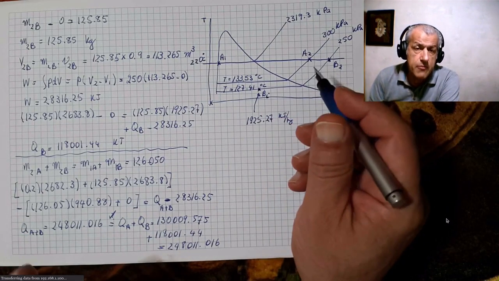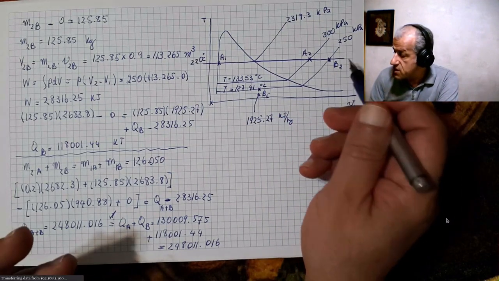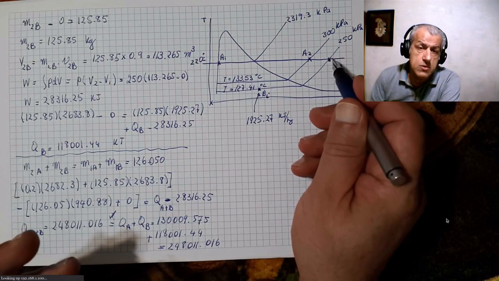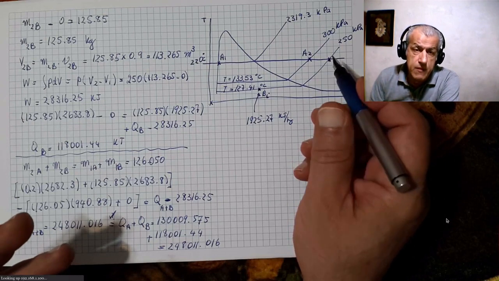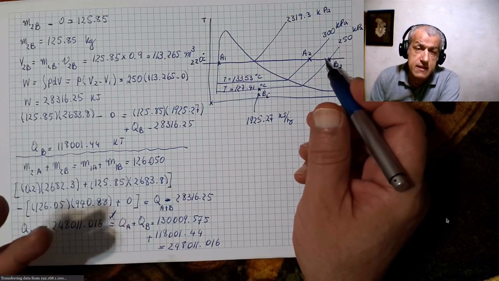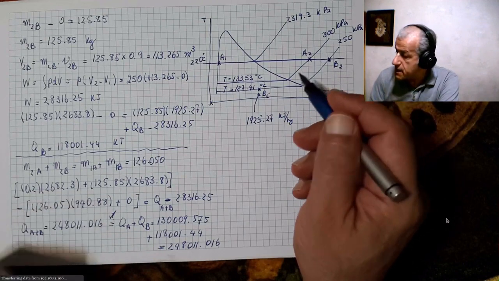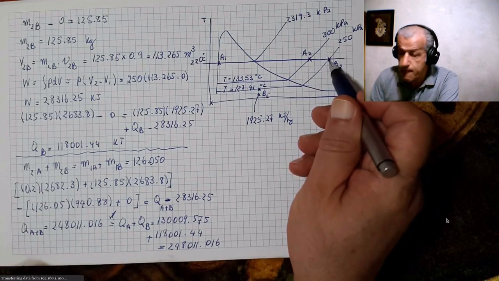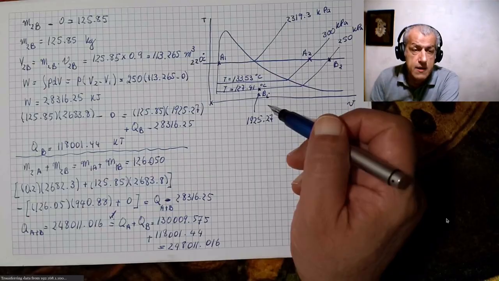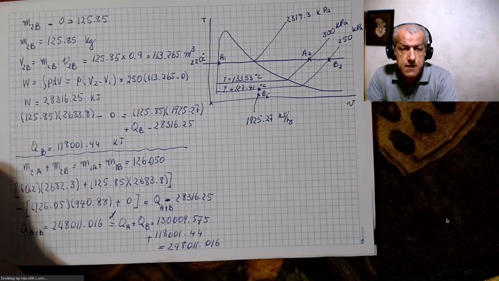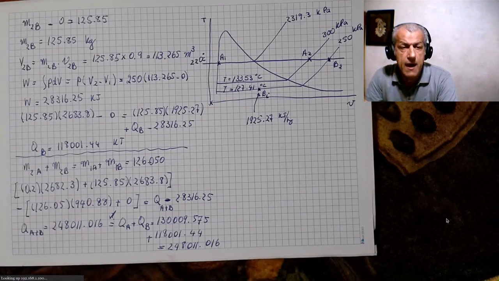In fact, our process is concentrated on point B2 since, as I said, the mass that enters B receives heat and comes to this temperature. This is all that we have on this problem.